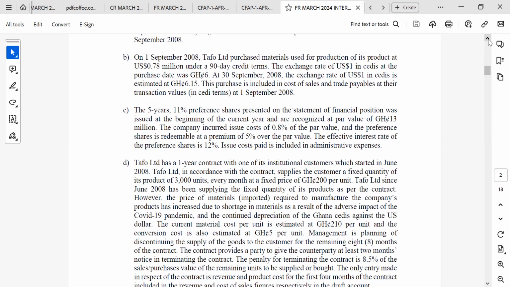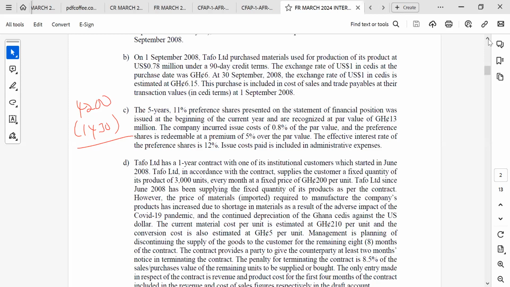So if you are paying a total dividend of 4,200, and 1,430 of it is for preference shareholders, what will be the dividend for the ordinary shareholders? 2,770.